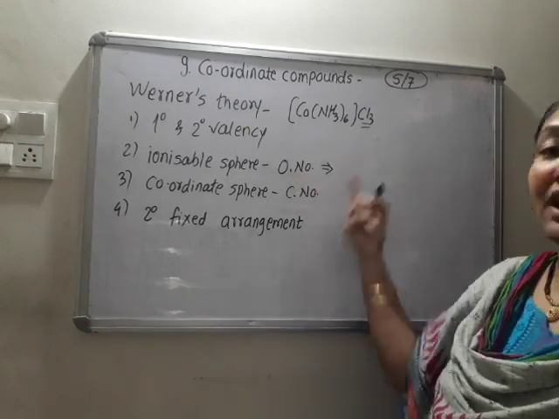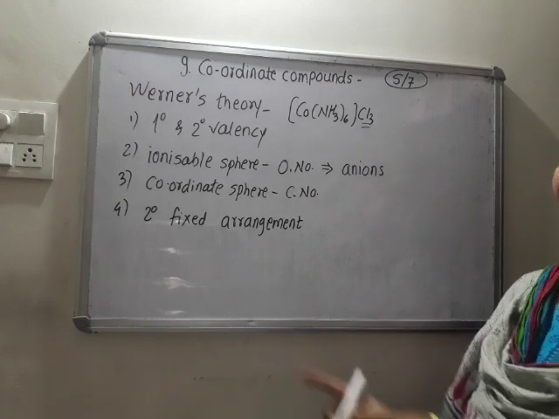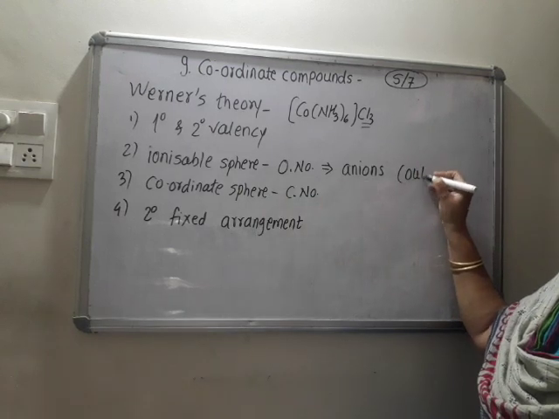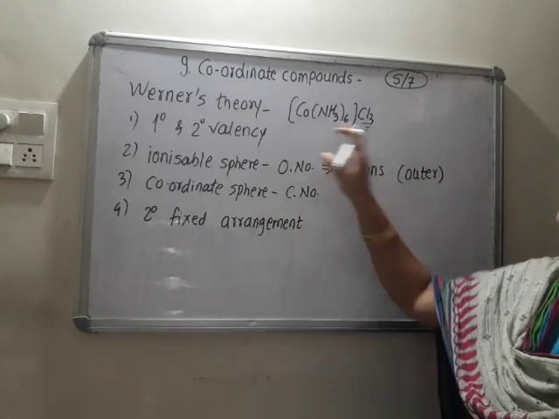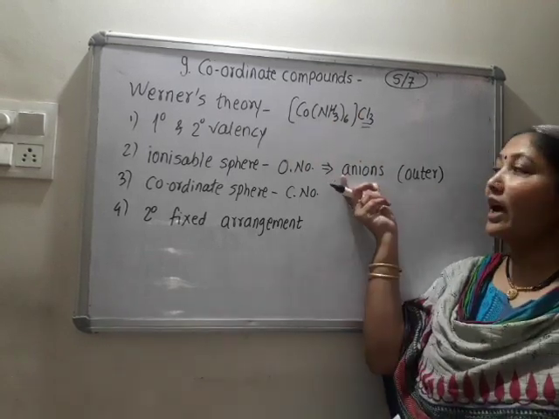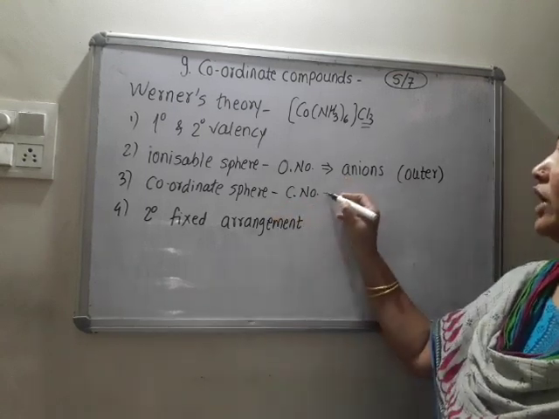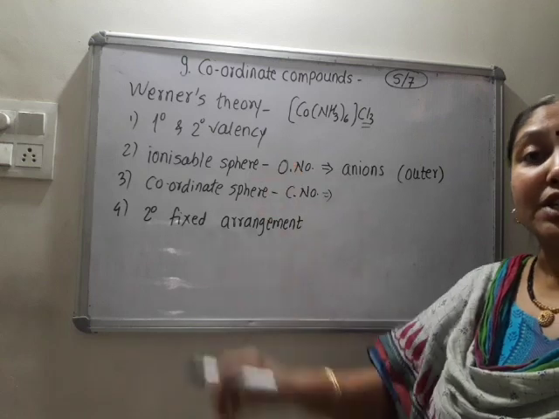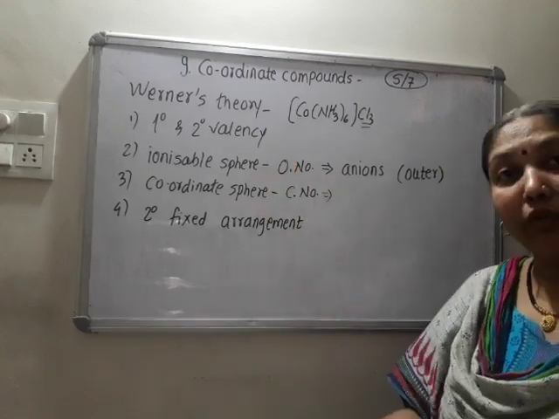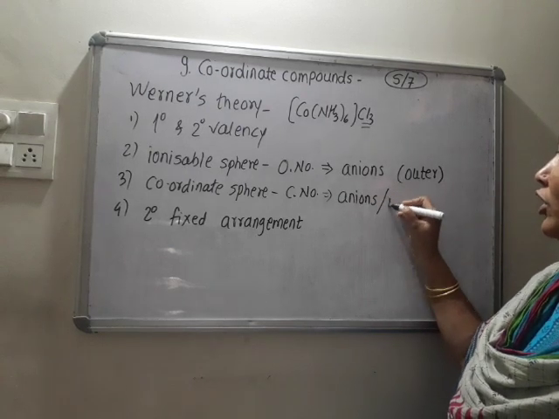And what is there in the ionizable sphere? Always anions, negative ions. And the coordinate sphere is the inner sphere. You can say this is the outer sphere, those entities outside the square bracket, which are primary valence, satisfied by anions. In the coordination sphere, which substances play a role? It is either an anion or a neutral molecule.